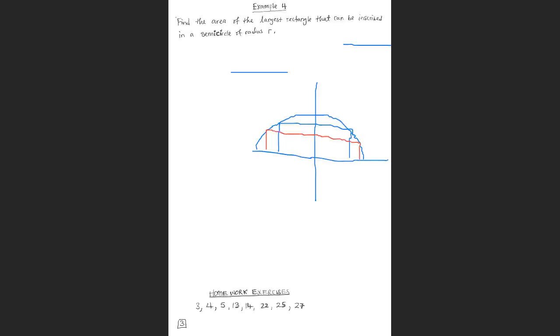But the question you ask yourself is, how do I get the rectangle that fits inside this semicircle but at the same time gives me the largest possible area? Because the area has to be the largest possible area. All right, so let's jump to the solution quickly.